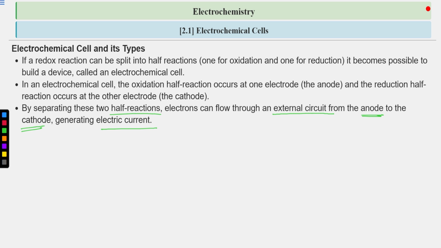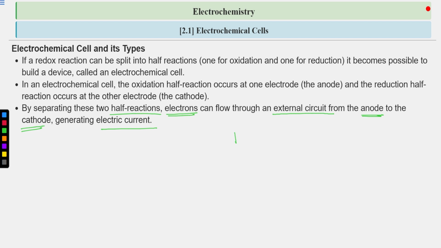Okay, so we talked about redox reaction, anode, cathode, electric current, electrochemical cell, half reactions. Now, when you separate these two half reactions from a redox reaction, the electrons can flow through the external circuit, which is a wire, from the anode to the cathode.